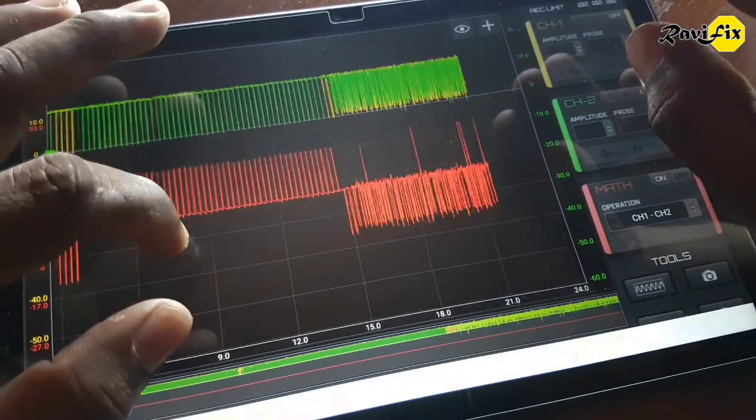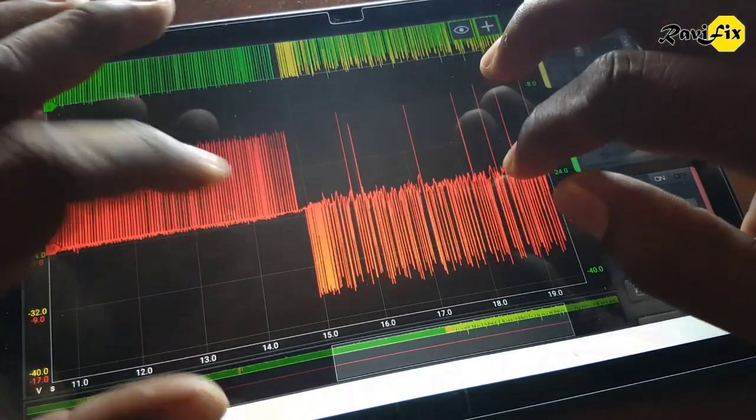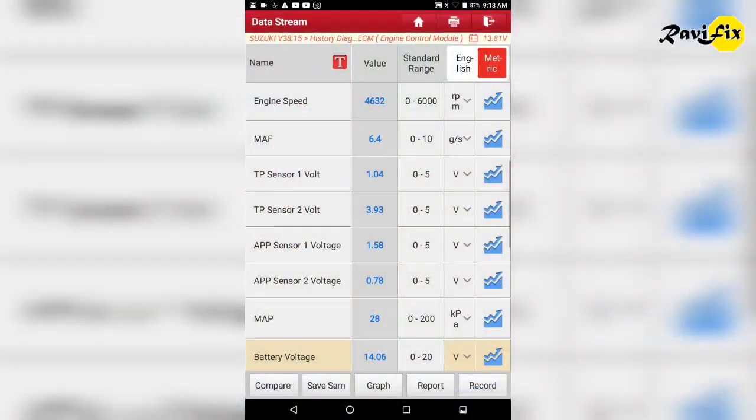Because if a bad APP sensor input caused this error, it should follow the APP sensor's input. But here you can see the APP sensor's data are steady as the accelerator pedal is pushed and held while this problem occurred. No fluctuation at all on the APP sensor's data. Next, it could happen with a bad throttle motor, like shorted or open circuit, but there is no evidence of a bad throttle motor.